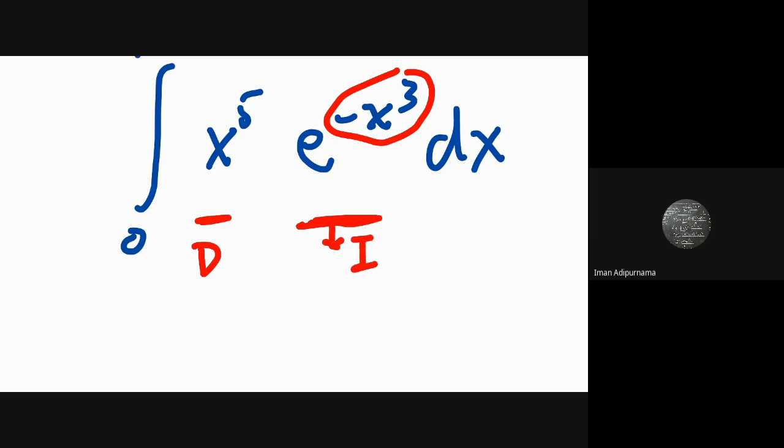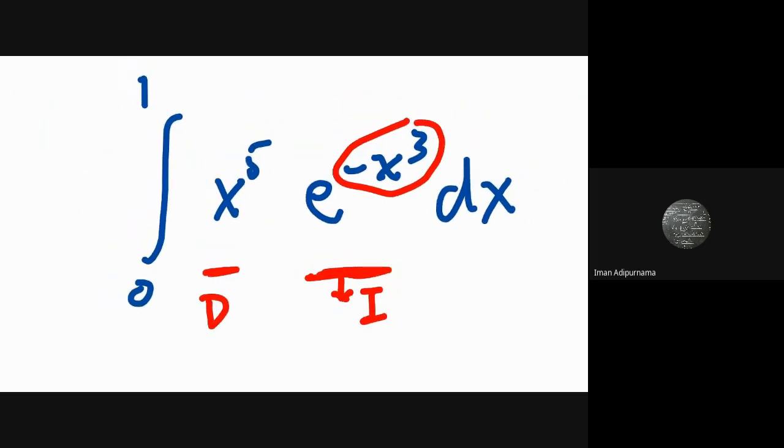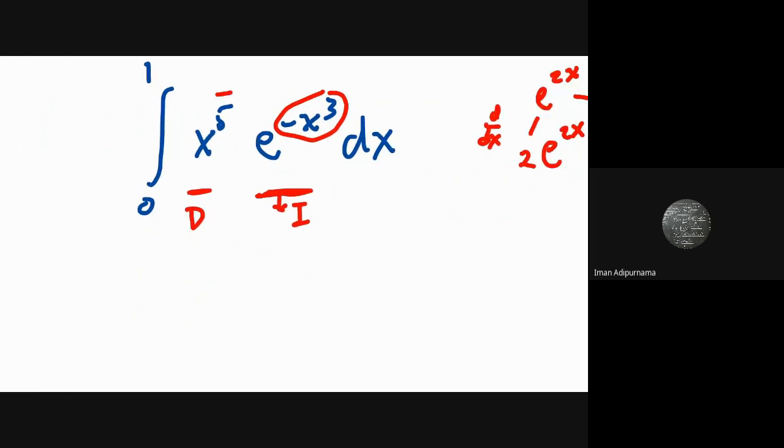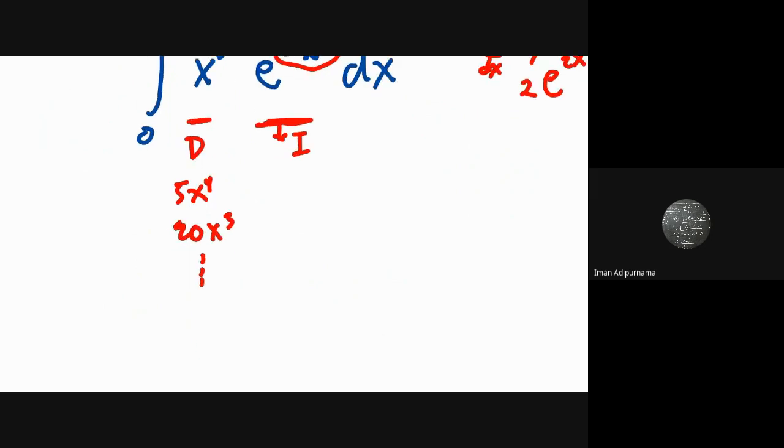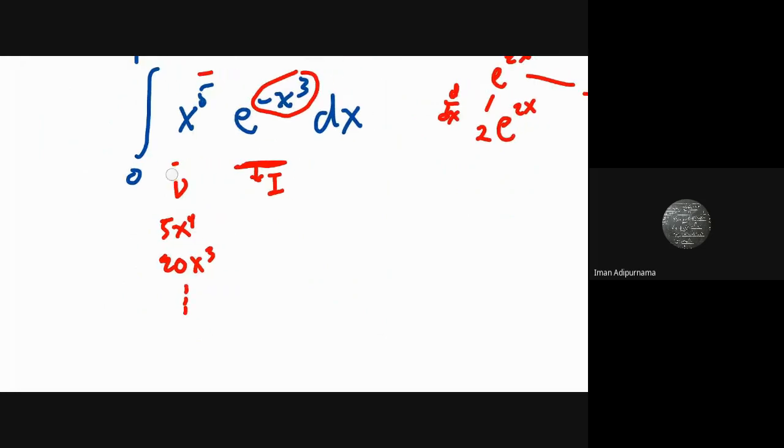But if you look here, we have x with power of 5, so we would derive many times, which I consider a very long process.